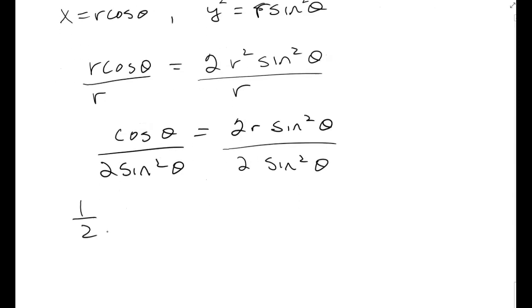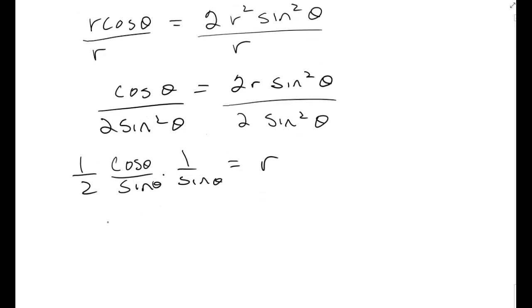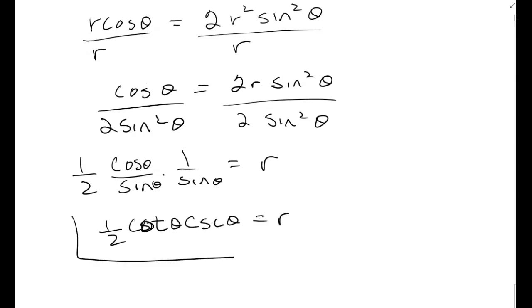So I have 1/2. I'm going to break this up. I'm going to make it a cosine over sine times a 1 over sine equals r. All right, so wouldn't that be 1/2 cotangent theta cosecant theta?